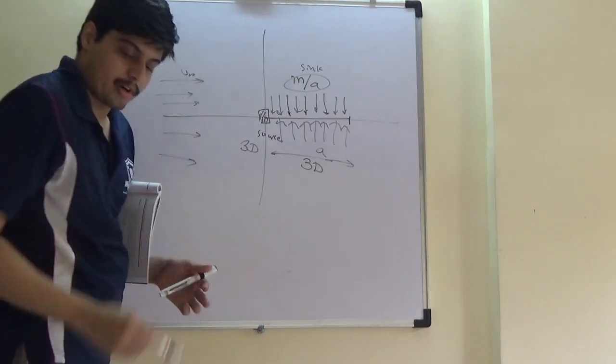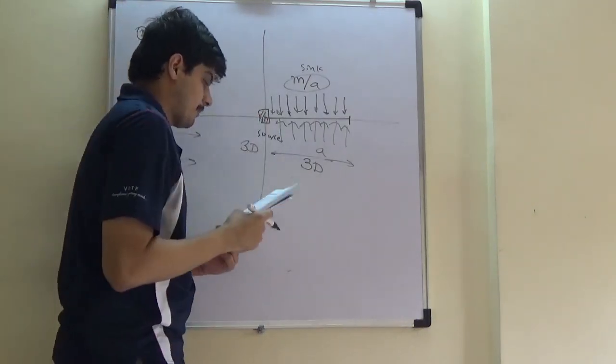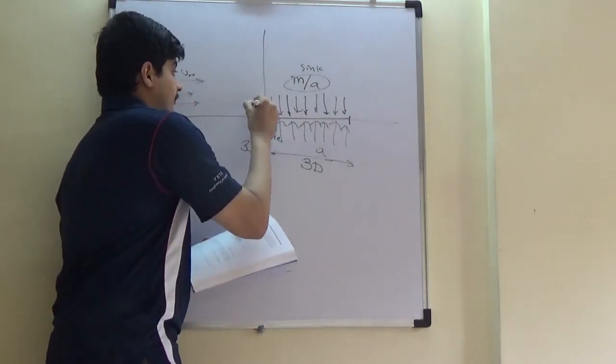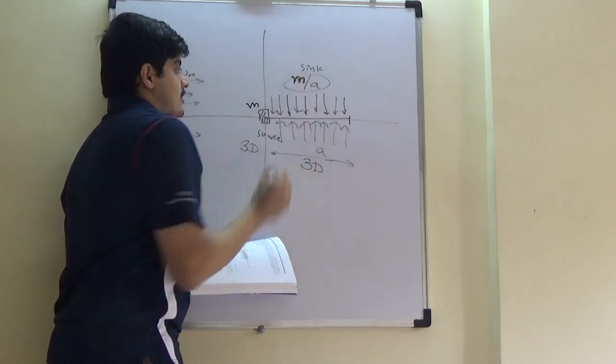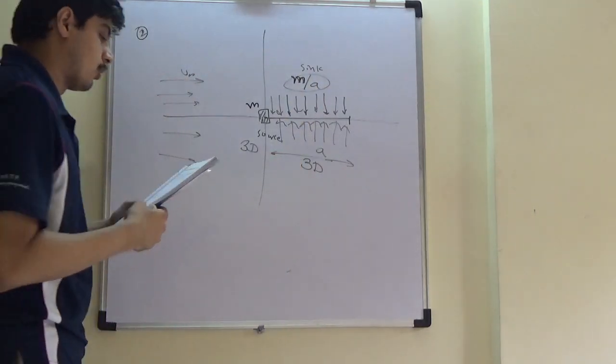So it's a slightly more involved problem where there is a three-dimensional source of strength M, a sink of M by A, and then a U infinity flow.